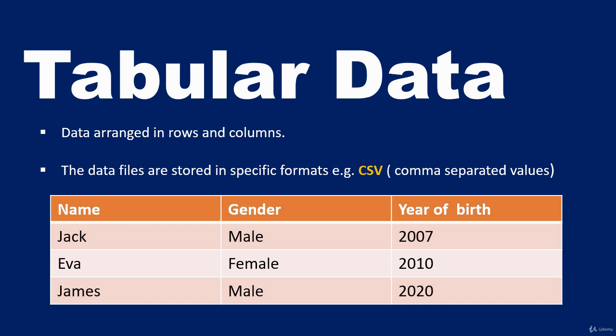In terms of CSV files, the data files are stored in specific formats. With CSV, each record is stored in a line and each field is separated by a comma. Hence it's referred to as comma separated values.